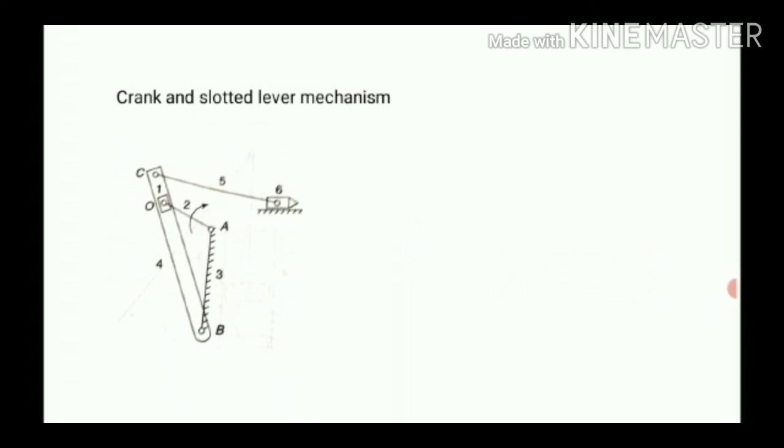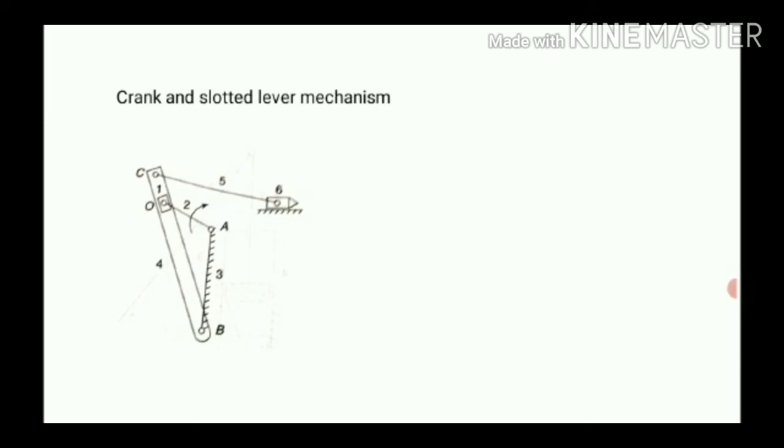Now the second example application is the crank and slotted lever mechanism. Here link number 3, the connecting rod, is fixed, and link number 2 acts as a crank connected to the slider and makes a complete revolution. Link number 1 is the slider, which has reciprocating motion in the slotted bar.